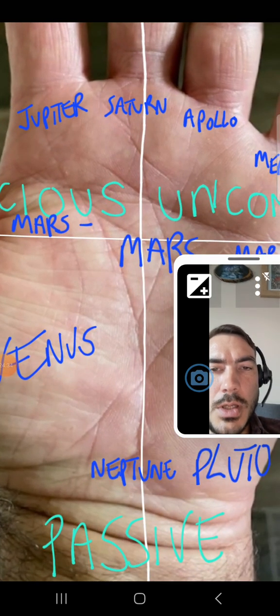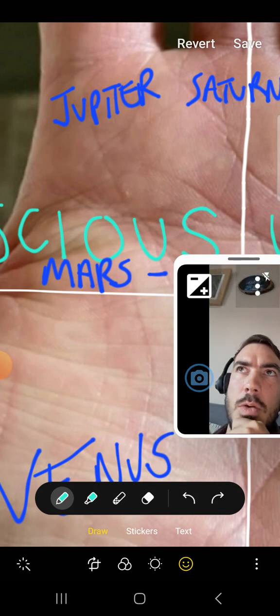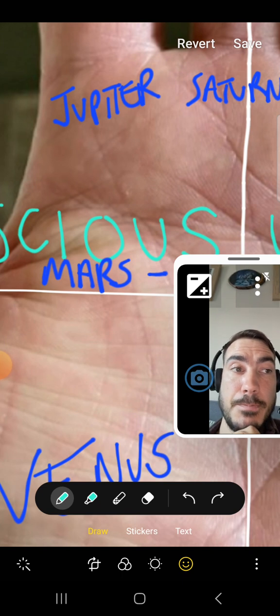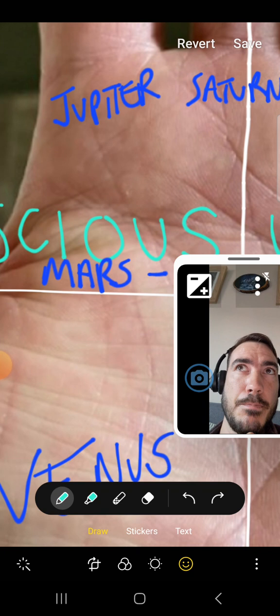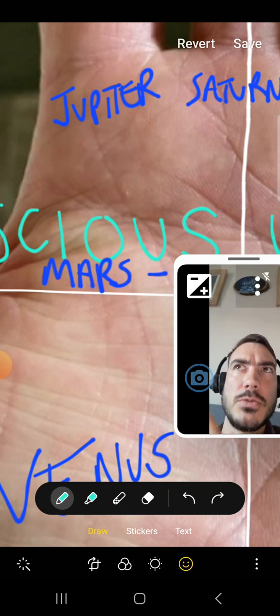So Mars negative. A well-developed mount of Mars negative is the ability to be courageous, to act out of exactly that, bravery, to utilize anger in the most positive way possible, motivation, and physical drive.